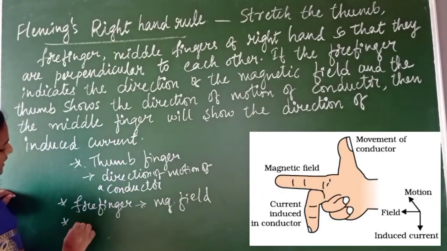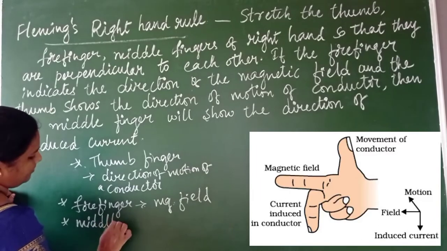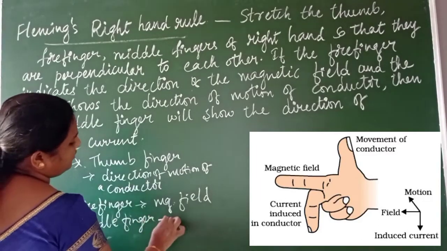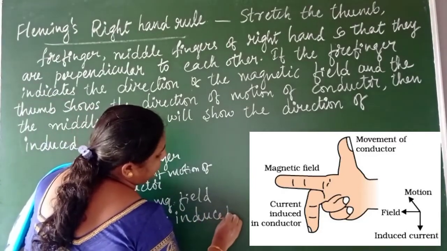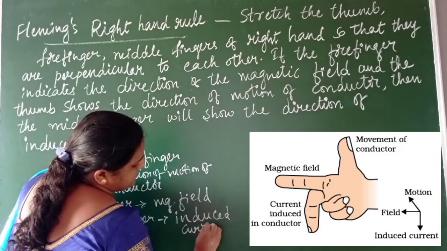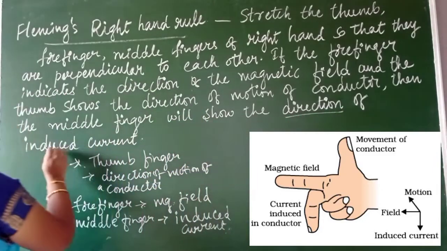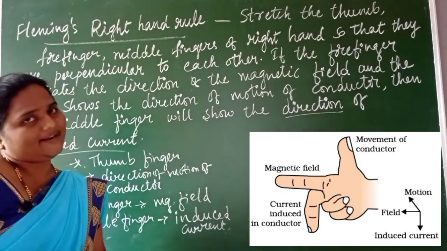Similarly, the middle finger gives the direction of the induced current. Isn't it, children? The direction of an induced current is given by which finger, children? Middle finger.